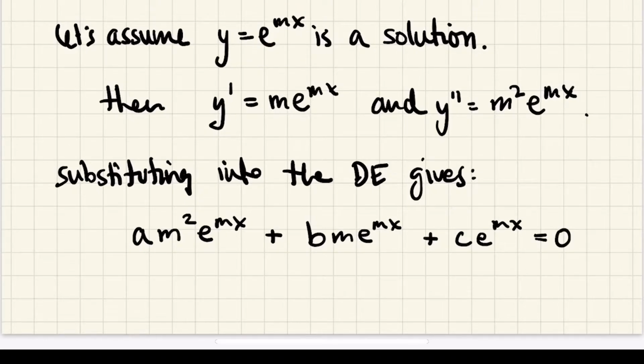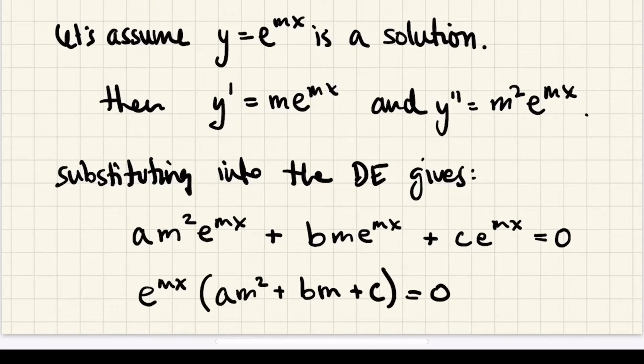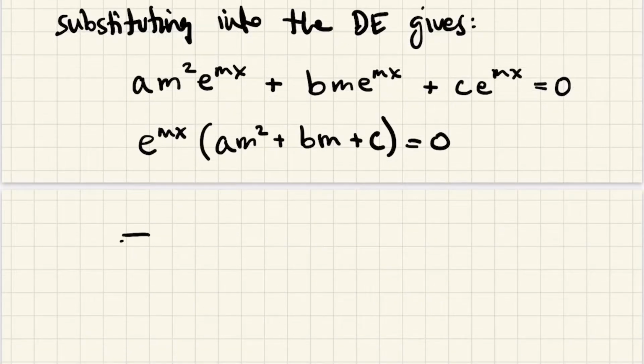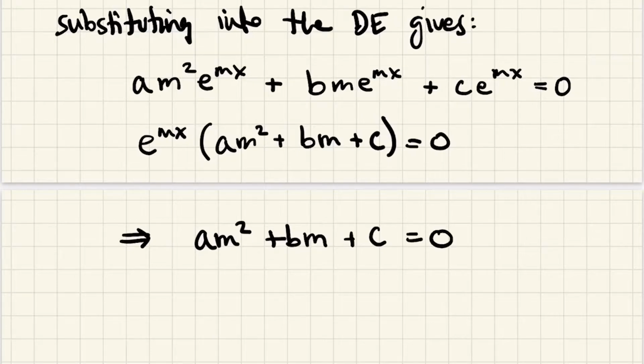All right, so we can, of course, factor e to the mx out of this. And since e to the stuff is never, ever equal to 0, we can actually just throw away that factor by dividing both sides of this equation. So we get a m squared plus b m plus c equals 0.